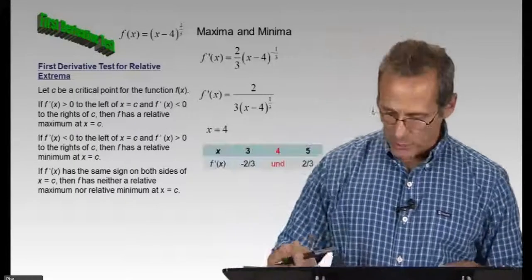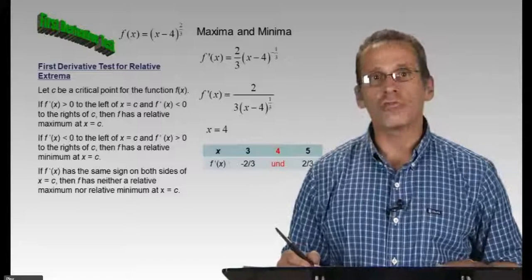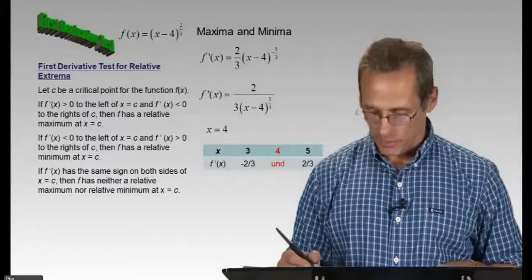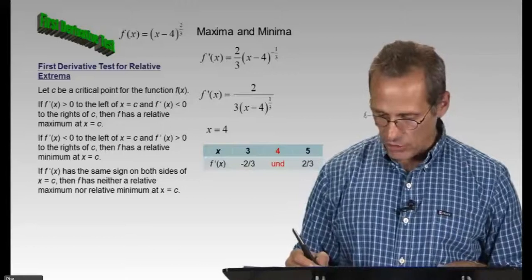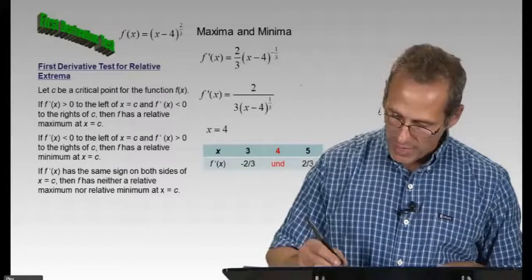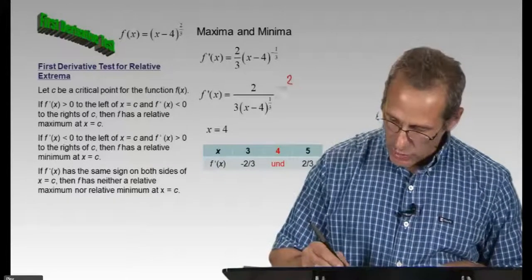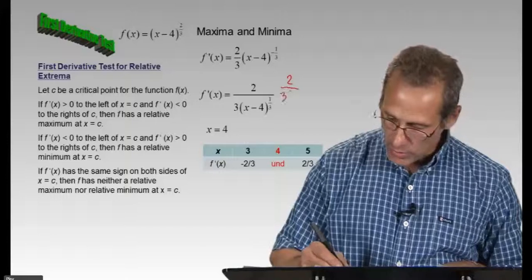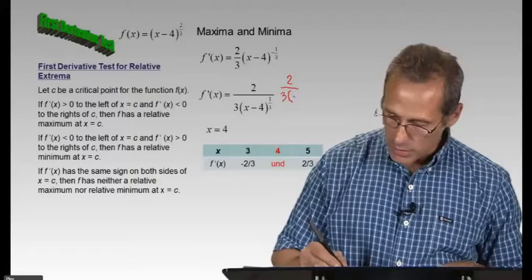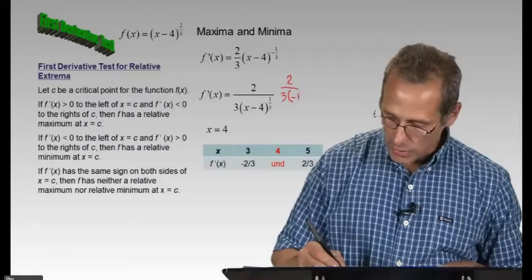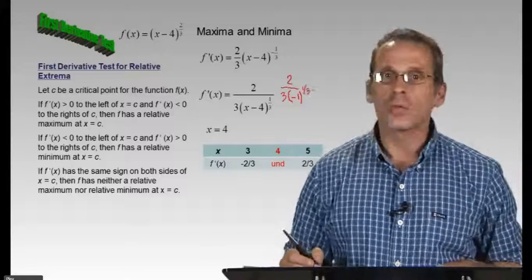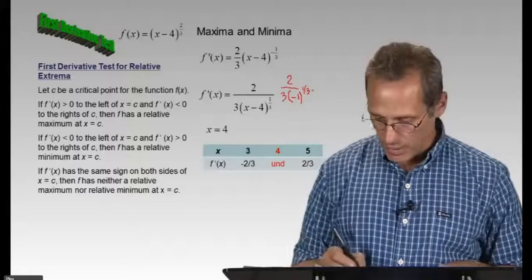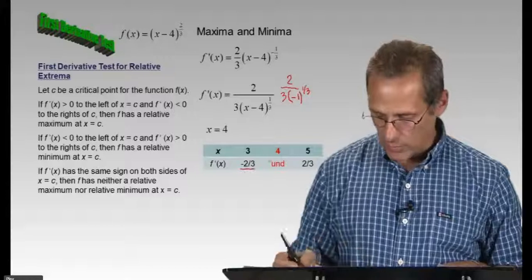So when x is equal to 4, we notice that the derivative itself is not defined. For values of x that are smaller than 4, and we choose 3, we have the calculation 2 divided by 3 times (3 minus 4), which is negative 1, to the 1/3 power. And we get back negative 2/3.